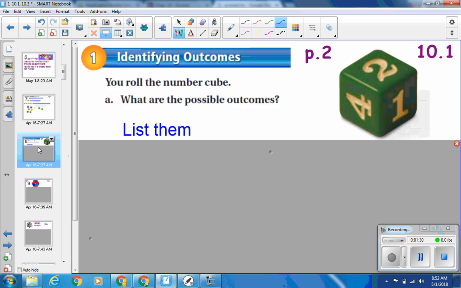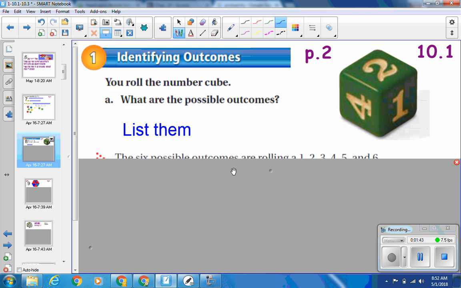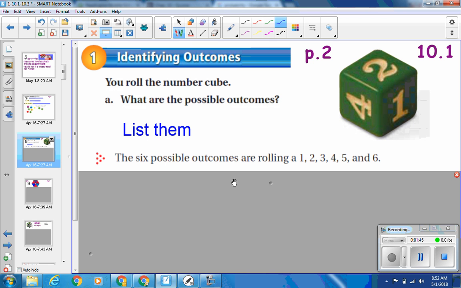Okay, so we're just going to focus on those outcomes in 10.1, which is on page 2 in your booklet. If you're rolling a number cube and they ask you what the possible outcomes are, you would just list all the numbers on the cube. So there are 6 possible outcomes, and you would list the numbers 1 through 6.